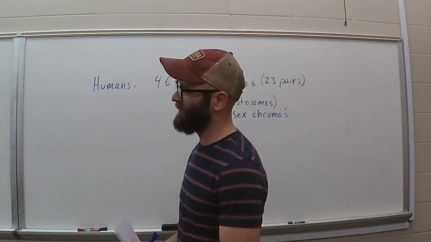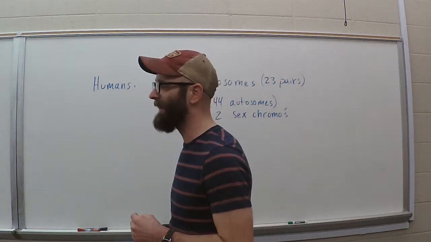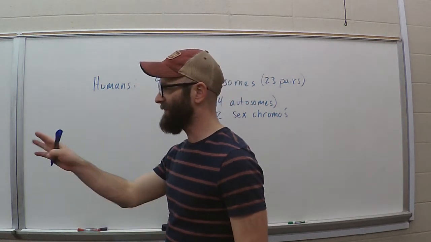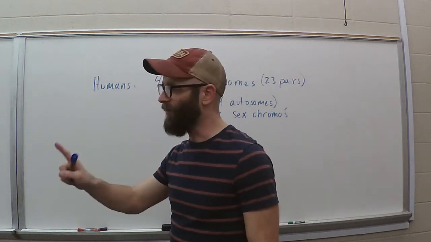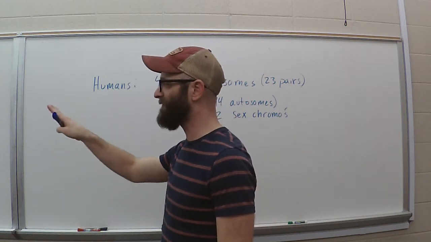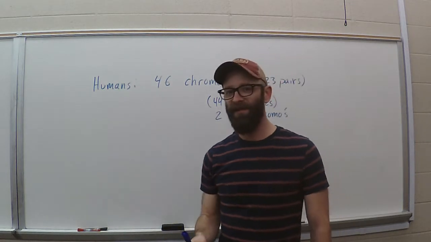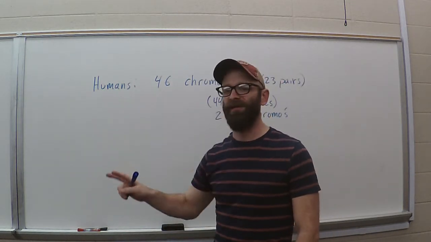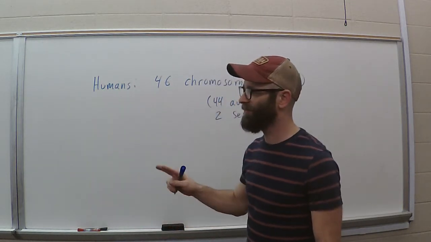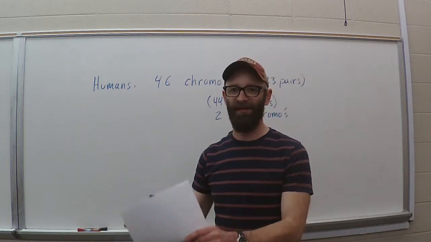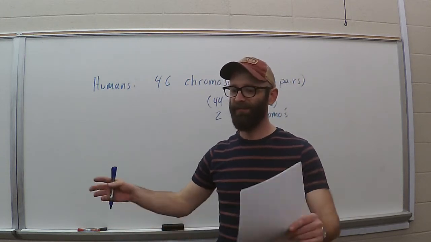And so that's why when you're looking at that karyotype, you can see there's that first pair, that's number 1, and then 2, 3, 4, 5, 6, and so on, up to 22, and then the 23rd pair of chromosomes is, you know, either XX or XY, usually.